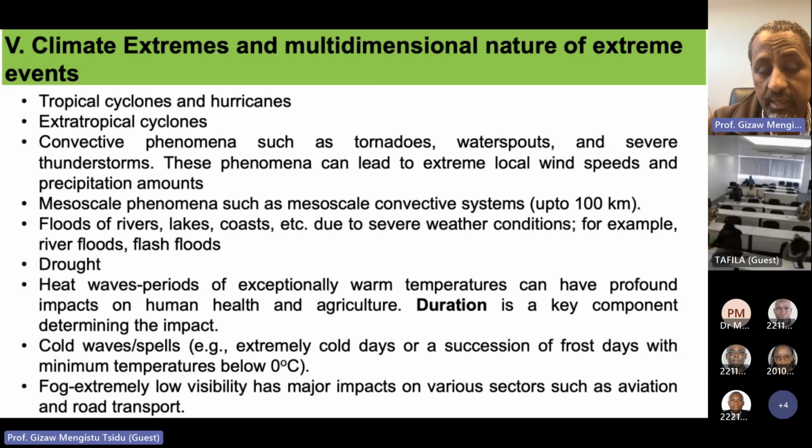You know, fog will reduce visibility, will lead to major aviation and road transport interruptions, and the impact in terms of economy. In some cases, it could also lead to deaths, life loss.